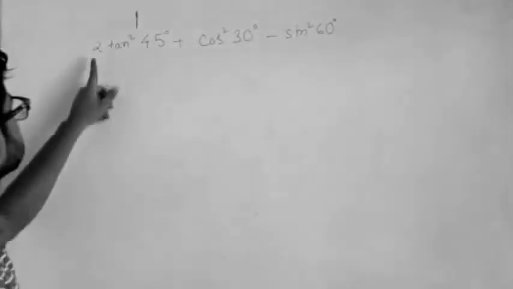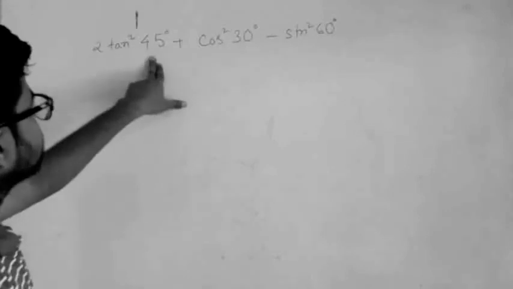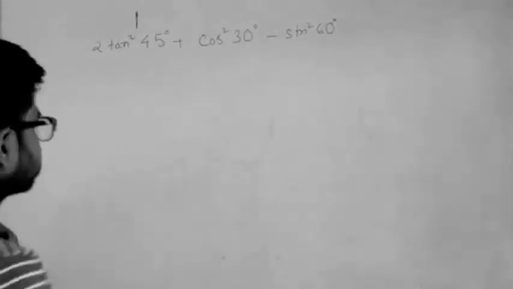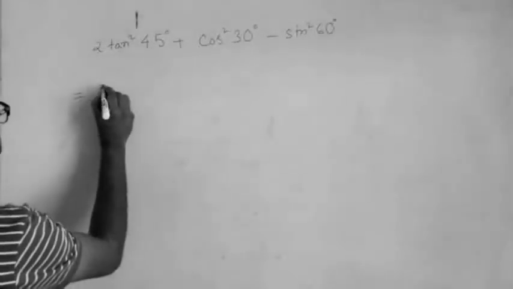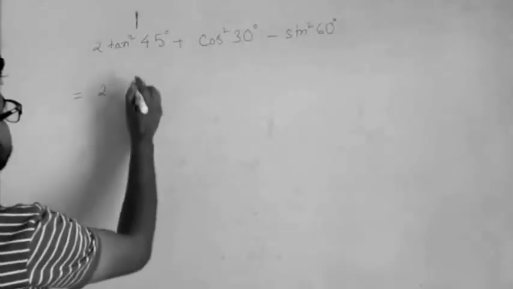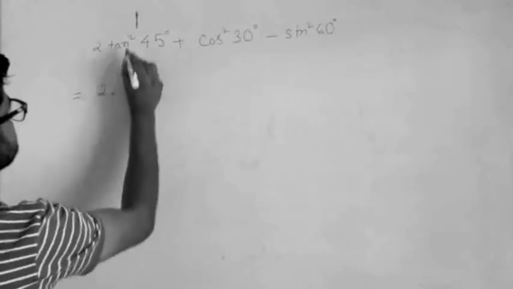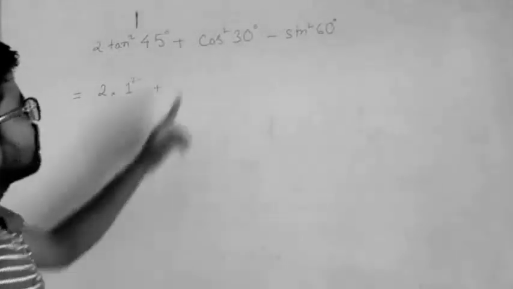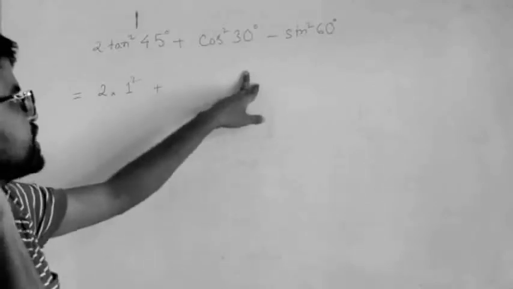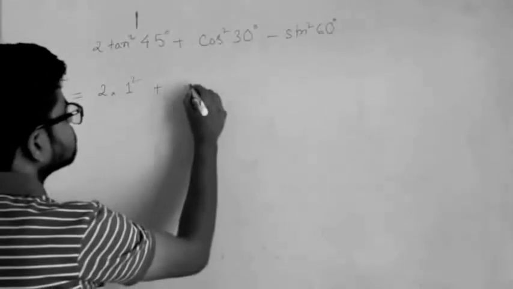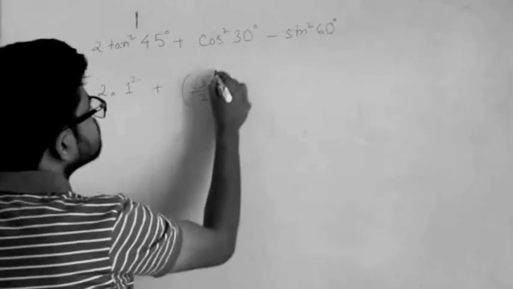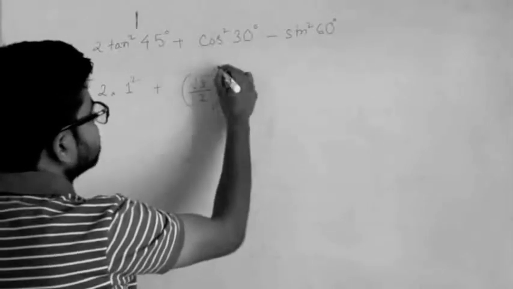Now look at this, 2 tan square 45. Tan square 45 means whatever is the value of tan 45, we have to square that. Looking at the table, tan 45 is 1. So that means 2 into 1 square. Then cos 30 is root 3 by 2, and this is squared.